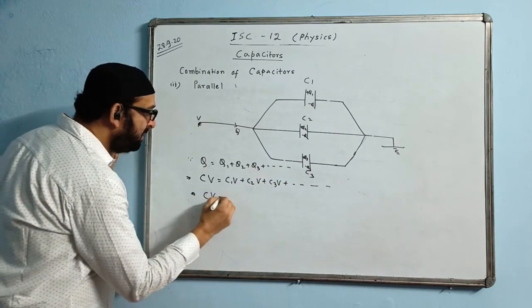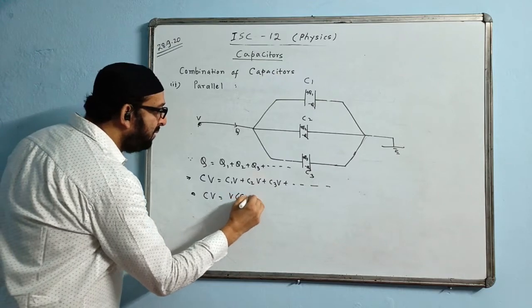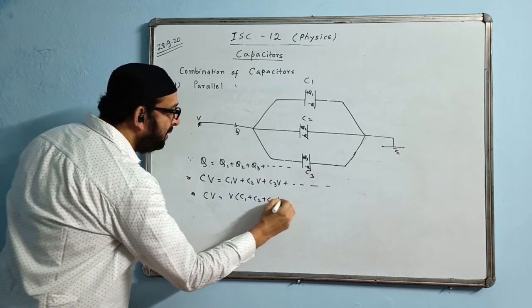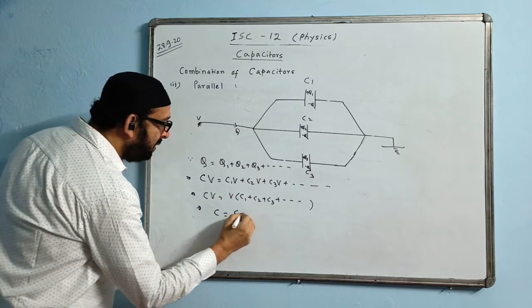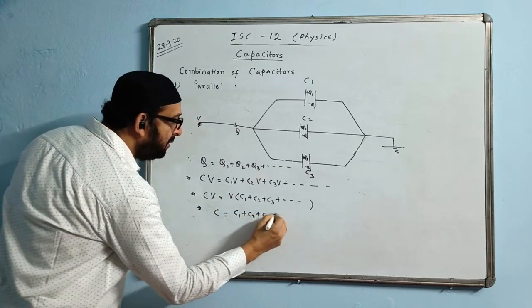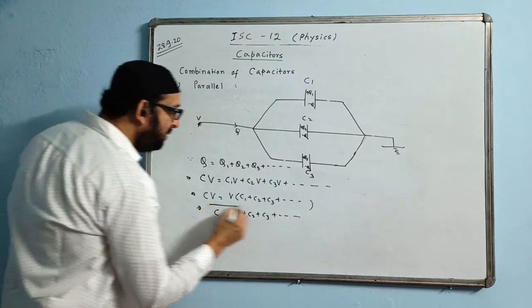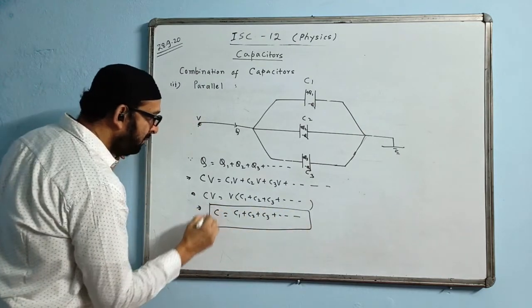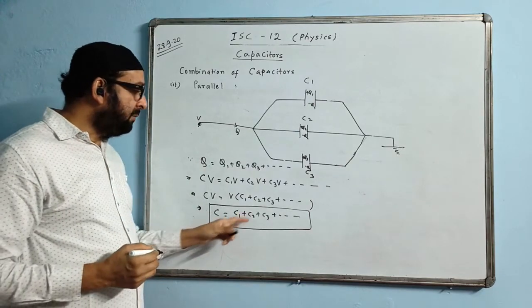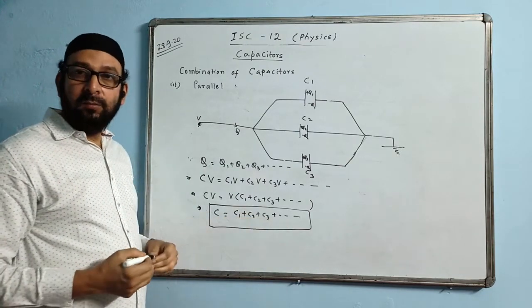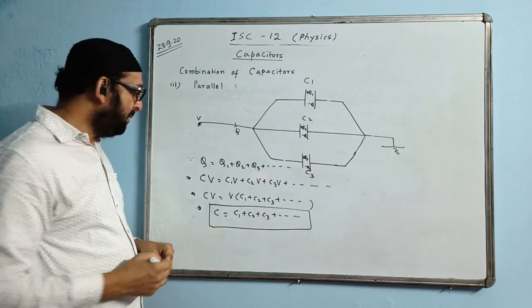Write CV as it is. Take V common here, you get C1 plus C2 plus C3 and so on. V and V cancelling, so you get the value C is equal to C1 plus C2 plus C3 and so on. So this is the formula of total capacitance in parallel. That is simple addition taking place.